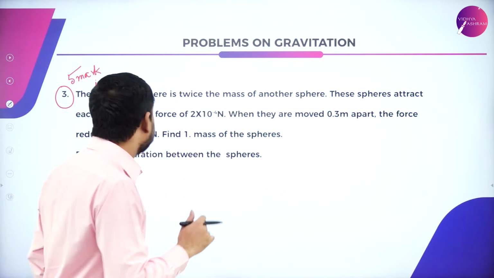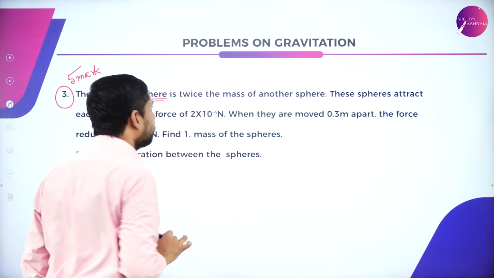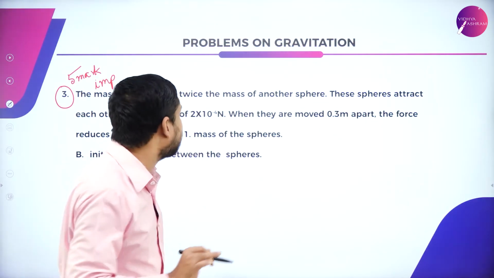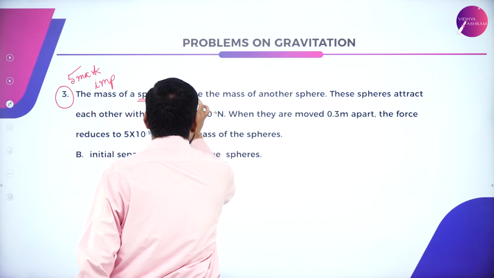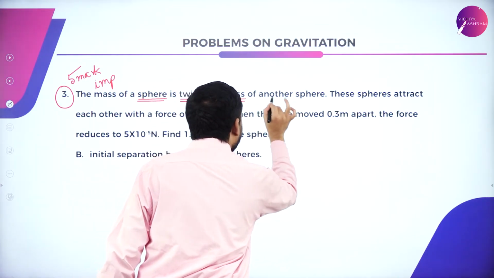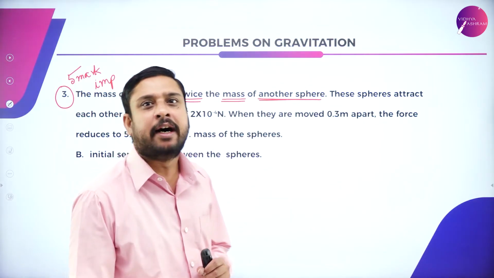The mass of a sphere is 2 times, or twice, the mass of another sphere.